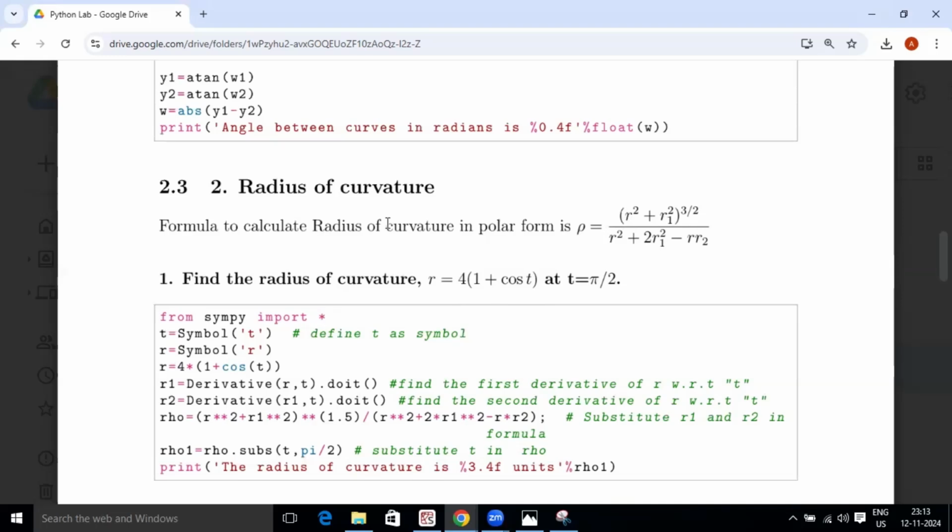This formula provides a way to quantify the curvature of a curve at a specific point in polar coordinates. A larger radius of curvature indicates a less curved curve at that point, while a smaller radius of curvature indicates a more sharply curved curve.